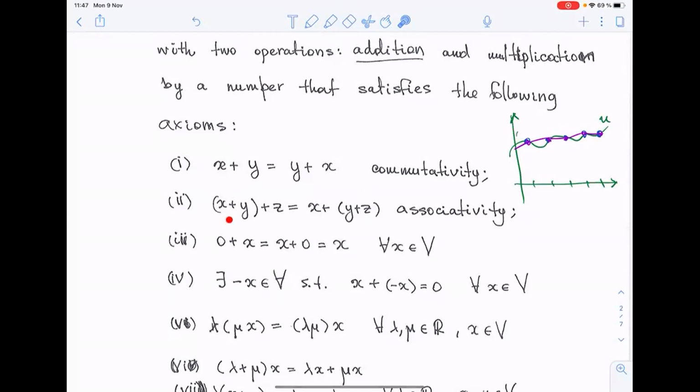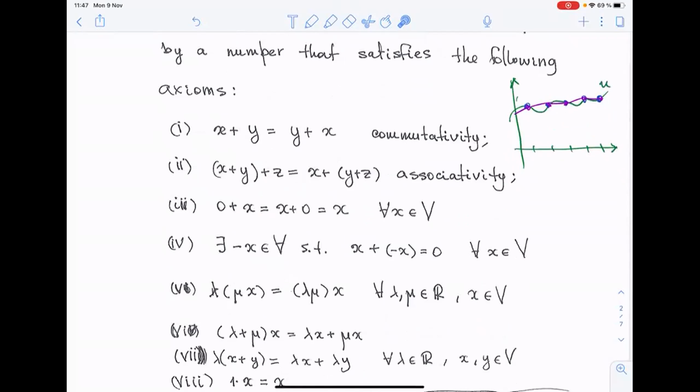There is also the associativity property, which says that we take 3 elements from that box, from this function space. If we add 2 of them and add the result to the last one, it is the same as adding the last two and adding the first one. So this doesn't change the result. The third one is the existence of the zero element. That says that inside this space there is the element 0.